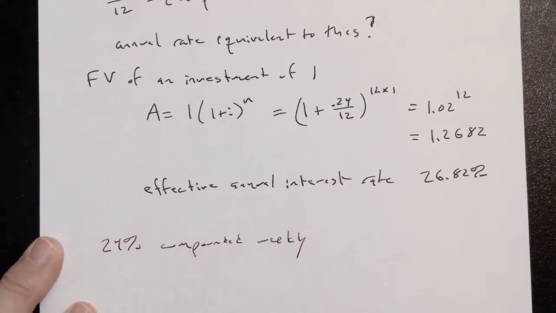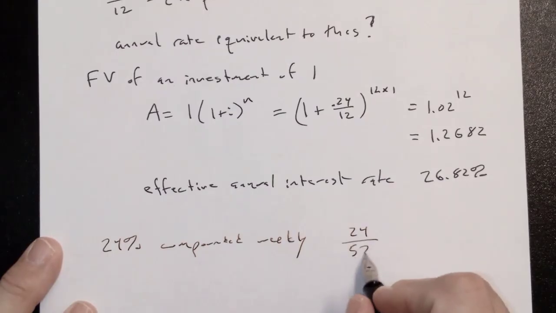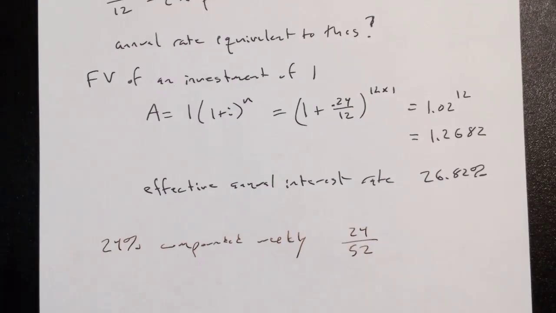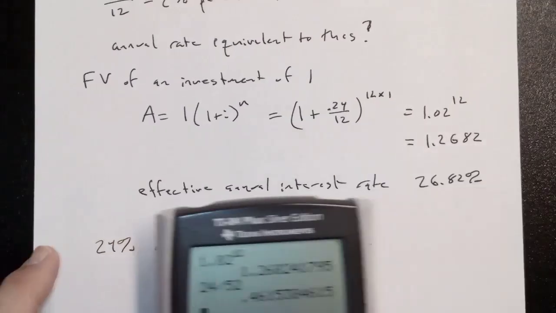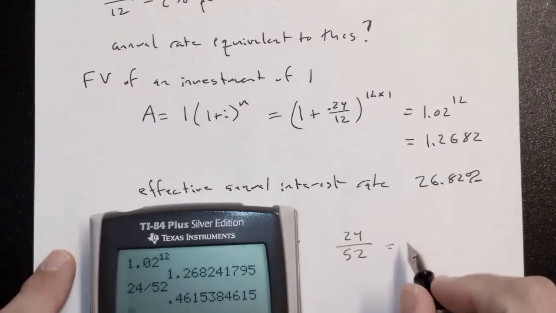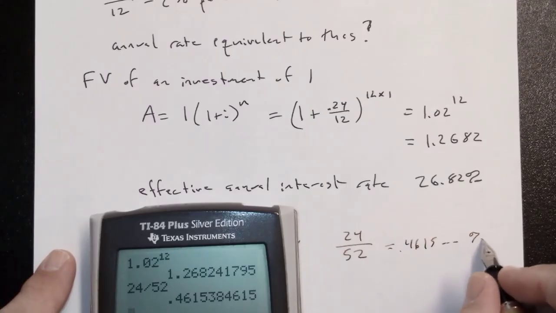well, then my per week rate is 24 over 52, which is not a pleasant decimal. 24 over 52 is this disgusting looking thing, right? But that's per week. So that's 0.4615 percent per week.